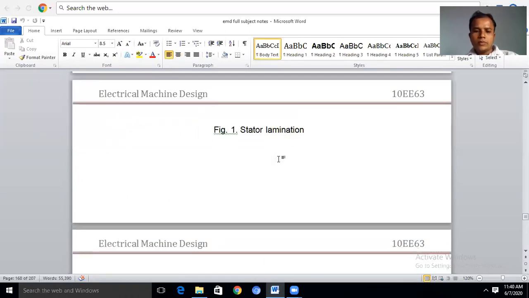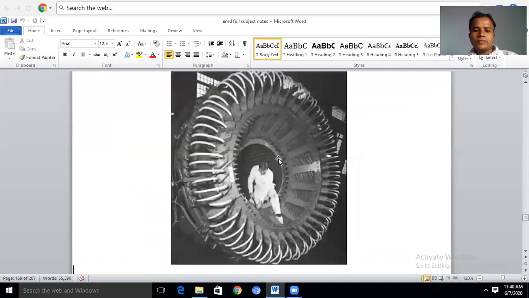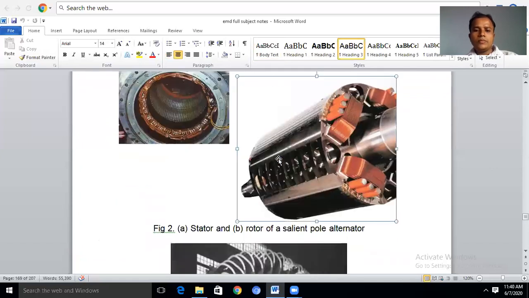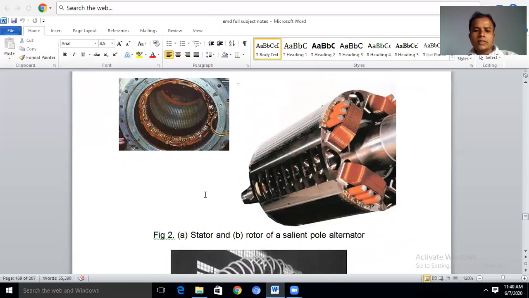This is the stator part, surrounding, and inside we need to keep the rotor.